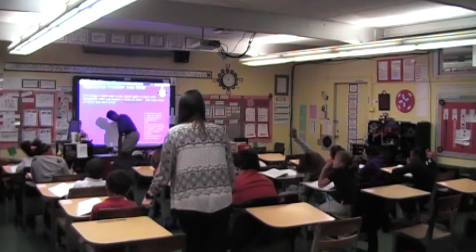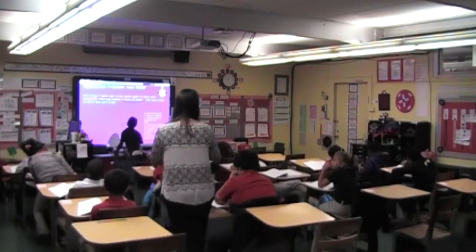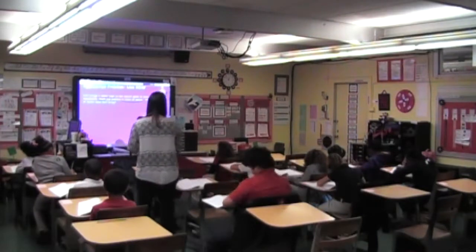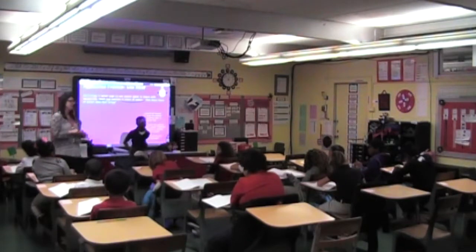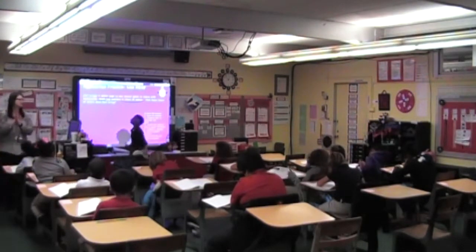Very good. So each, remember, is one of our key words for equal parts when we're doing multiplication, okay? Don't pick your heads up if they're down. You need to be having your heads up and focusing.